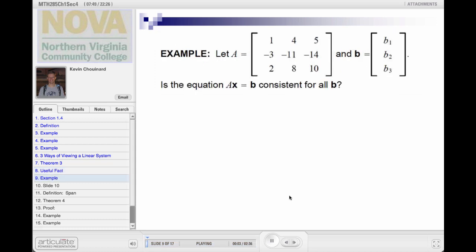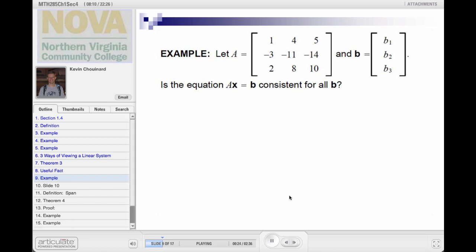Let's look at another example here, and here the question is, given a matrix A and a vector b, is the matrix equation A x equals b a consistent equation? In other words, can there be a solution to it? For it to be a consistent system, there needs to be some type of solution.